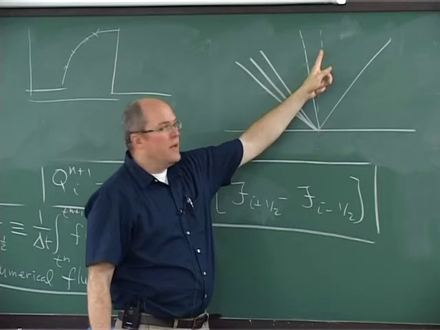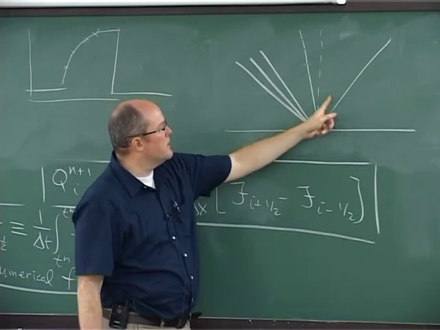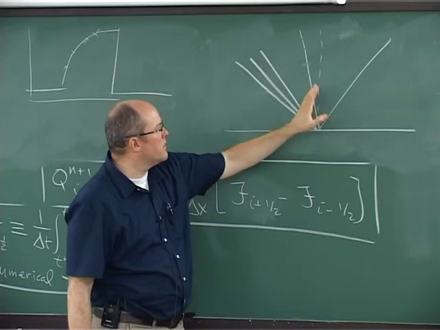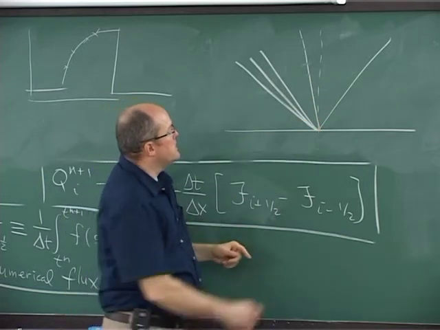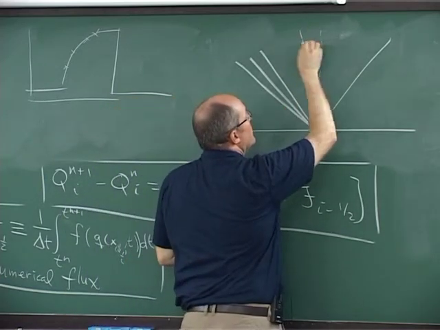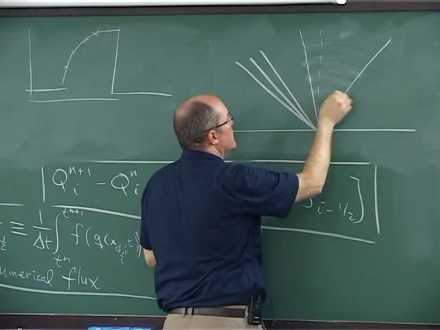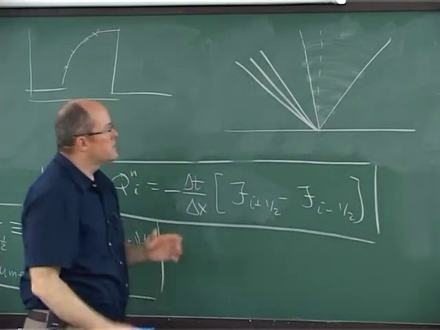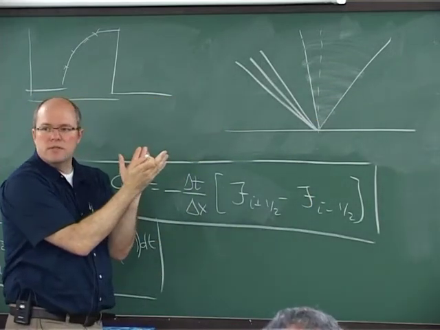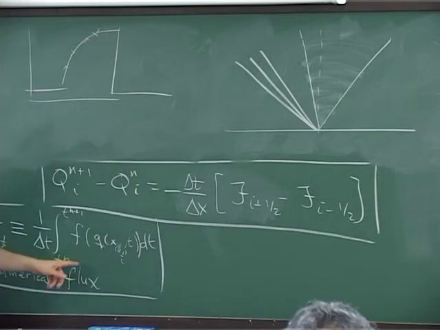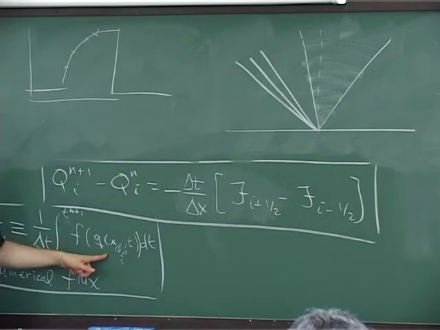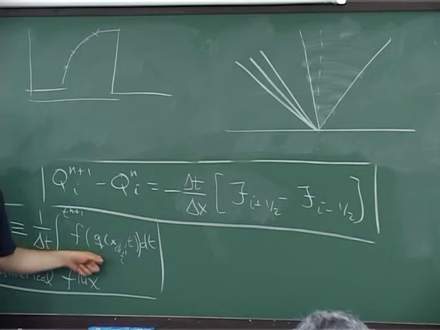And then we look at the fan and the shock, whatever discontinuity, and we see that the solution everywhere between those two waves is constant. So this is an integral of a function that's constant in time. And that's what actually makes this work, is that this integral is easy to do.